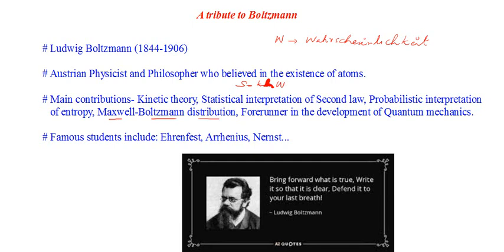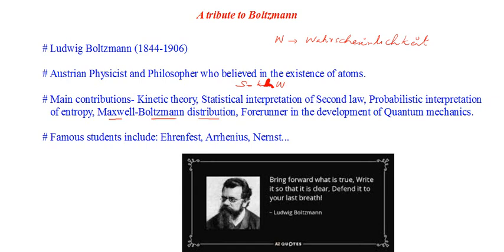So it gives the Maxwell-Boltzmann distribution, and of course he is regarded, as I told you, as one of the forerunners in the development of quantum mechanics, because at a very early stage he suggested that the energy levels of systems can be discrete. Discreteness of the energy levels of a system was explained, or coined, by Boltzmann himself, and it was later established, and we have a number of proofs for that as the basic building block or basic assumption in quantum mechanics.